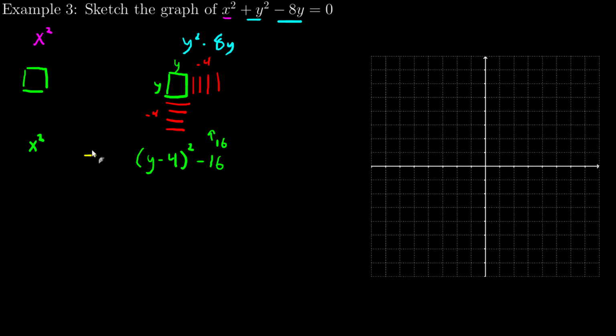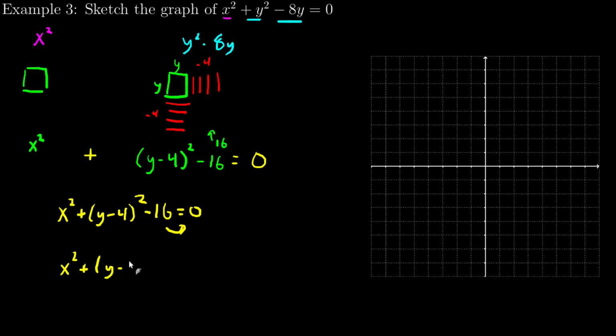There really wasn't much. I'll have a plus between these, and it equals 0. So let me rewrite this. I have x squared plus y minus 4 squared minus 16 equals 0. Add the 16 to the other side. X squared plus y minus 4 squared equals 16.